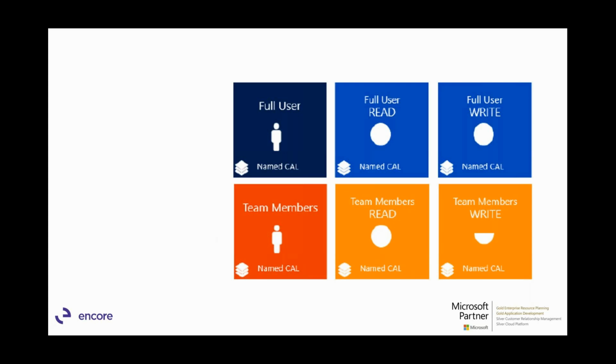So team members would be comparable to our limited use user in the past. Those team members have that kind of read access, and full users have that read and write capability, and they're named. So in your current model, you have perpetual concurrent licensing, and that's going to move to basically a named user license.